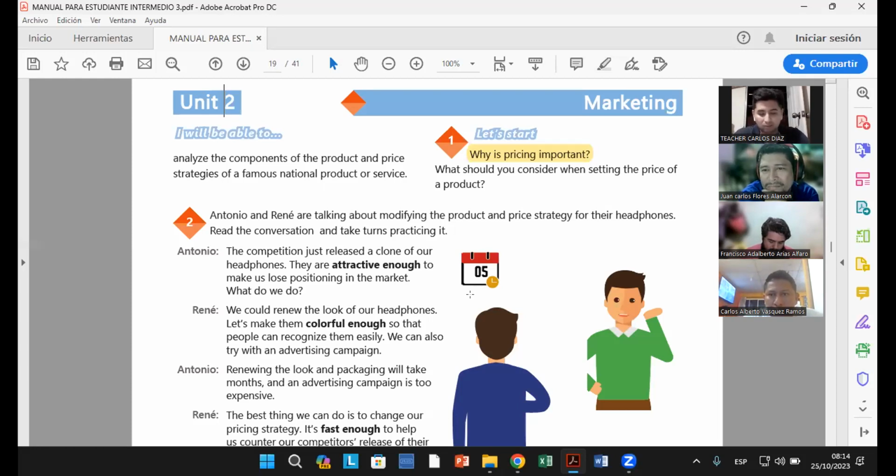Why is pricing important? Carlos Alberto, why is pricing important? It's important because, depending on the price, they have revenue.